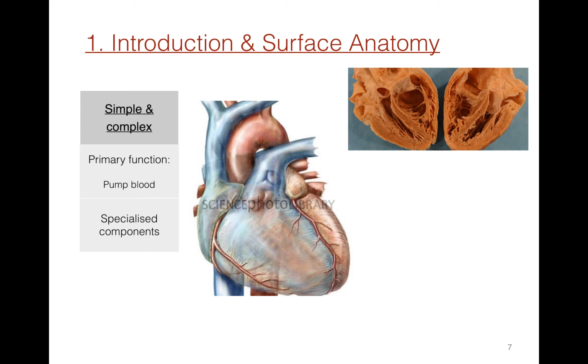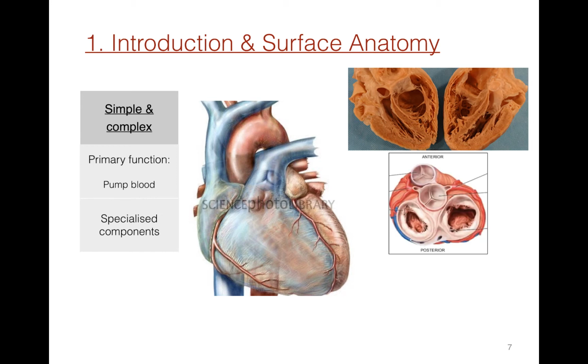For example, the ventricles. They have a considerable muscle mass, and in particular the left ventricle. Of course, this is related to its important function. It needs to generate significant pressure with which to support the systemic circulation. The heart valves, we'll talk about them shortly.